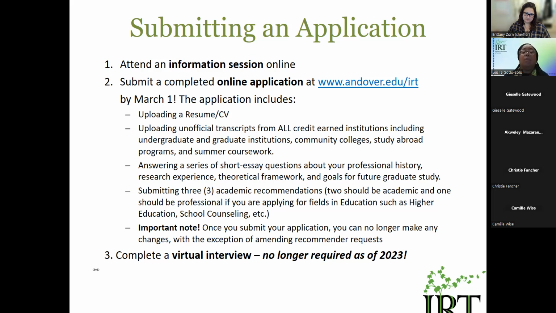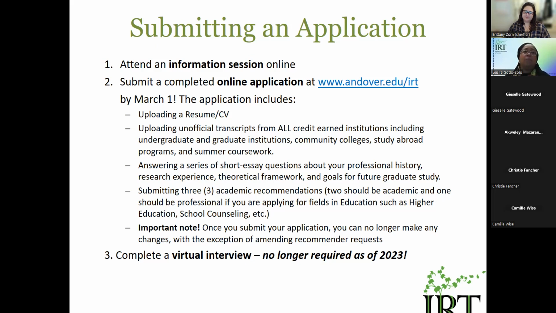Yes. You also will need to submit the 3 academic recommendations. At least 2 of those should be from professors who have had you in class, who have actually given you a grade. And then the 3rd letter of recommendation could be from, say, a work supervisor.